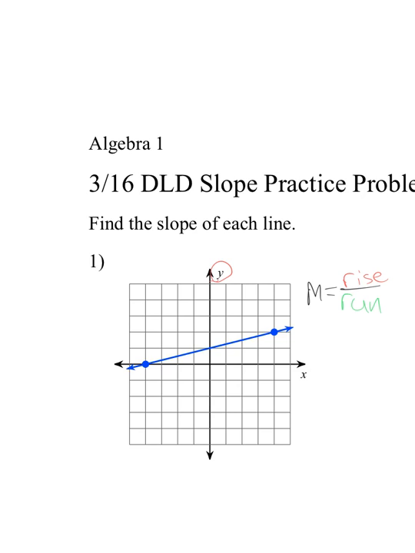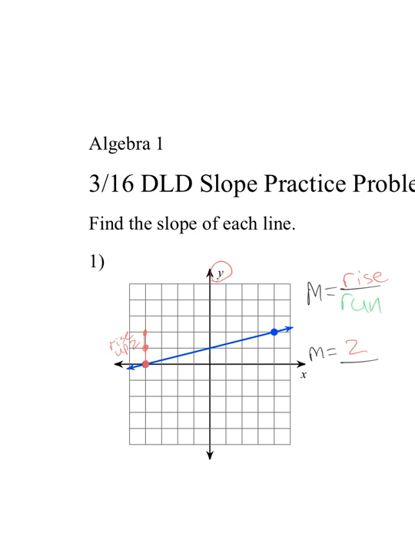So guys, whenever I find slope using a graph, I always start at the point furthest to the left. So I'm going to start at this point here I've highlighted. And how many do we have to rise? Well, we go up 1, up 2 units. We rise, we go up 2. So if we're looking at the slope of this line, we have rise of 2 units.